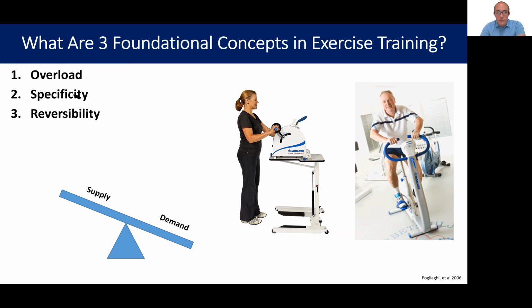Your body's very efficient. If you get to a point where you minimize your demand, and now the supply that you have, like the size of your heart, the size of your muscles, is more than the demand you put on it, now the supply is outweighing the demand and your body is going to be efficient and cut that supply so that it can restore balance.